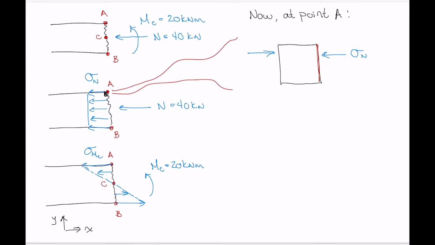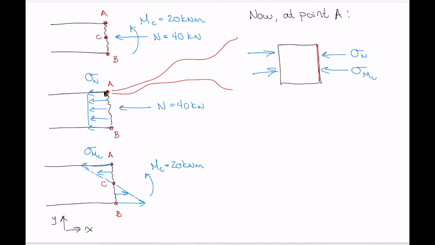But also, from the internal moment, we also have a compressive normal stress that's oriented in that same direction. So we have to add that on as well. So this is sigma subscript mc. So you can see now that we've got compressive stresses that both act in the same direction up at point A.